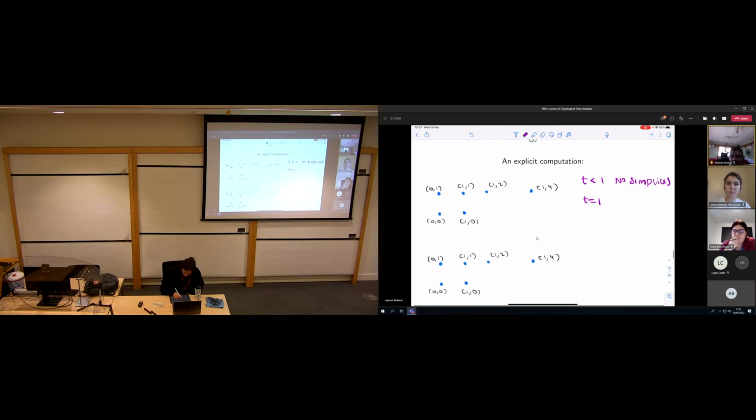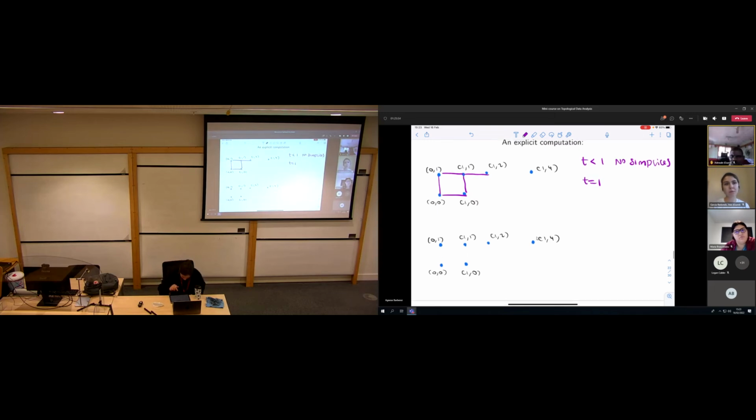At time equal 1, something finally happens, because I can join these two, these two, and these. And nothing else, right? Because all the other pairwise distances are greater than 1. I might make mistakes, so please follow the computations with me, okay? I might get something wrong.